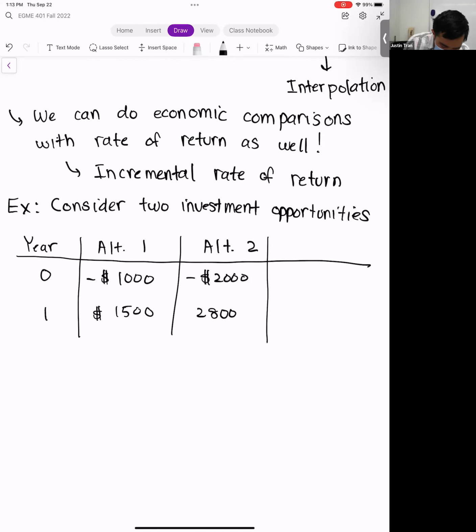In addition to this, we also have some information on the general market. We're going to introduce some new terminology here. Whenever you're doing these incremental rate of return problems, you're also going to be given what's called a minimum attractive rate of return.